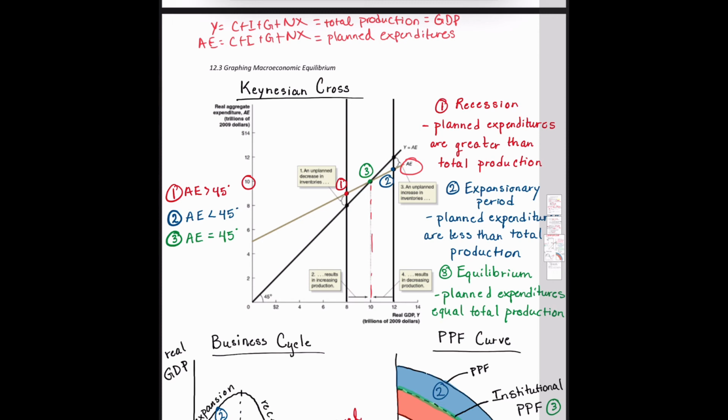So we can see here, if we're at point 1, we're experiencing a decrease in unplanned inventories, and so the result is increasing production. Then if we're at point 2, we are seeing an unplanned increase in inventories, and the results eventually are decreases in production.